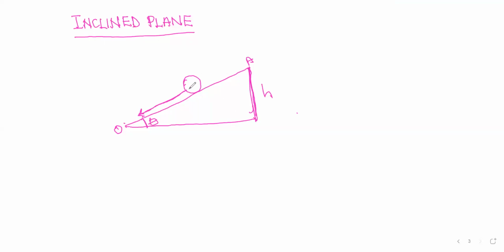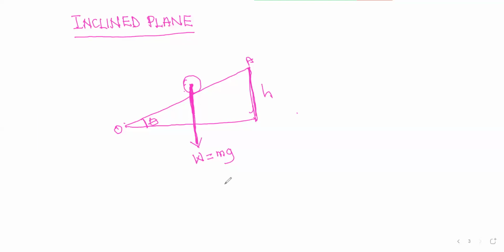So once this is an object, we have its weight, which is always perpendicular to the ground. So we have this vector representing the weight of the object on the plane, W. And don't forget, weight is mass times gravity. So this is one of the forces acting on the inclined plane.